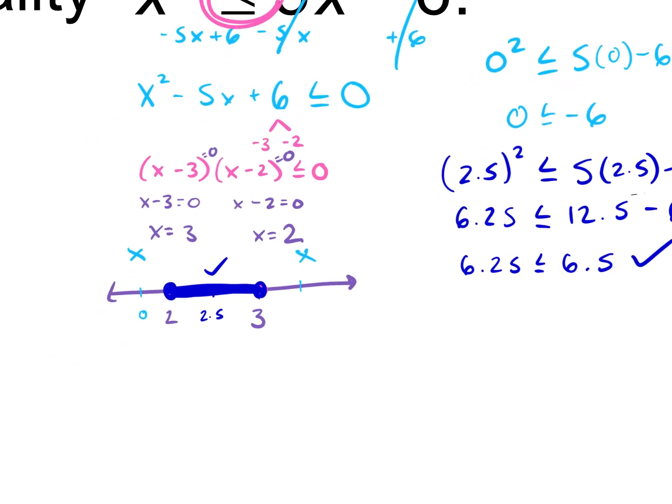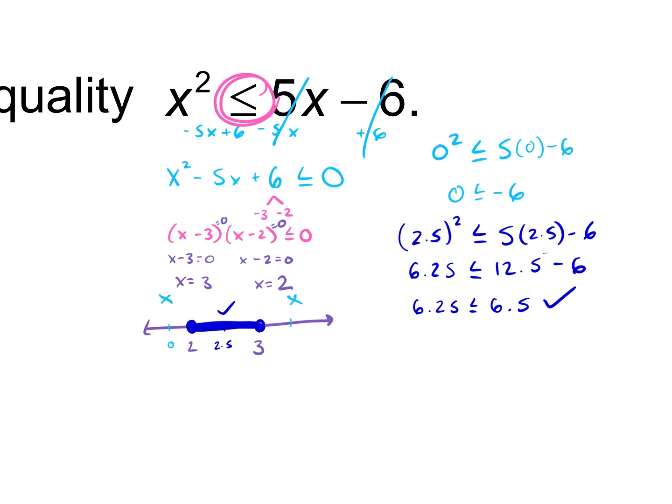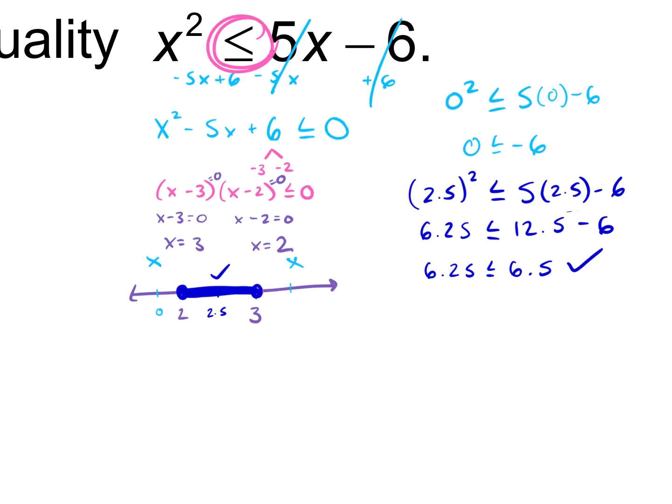Next part, we have to write our interval notation. For interval notation, we're just talking about the highlighted part, because all the values in between 2 and 3 work for our inequality. So we're talking about all the values between 2 and 3.